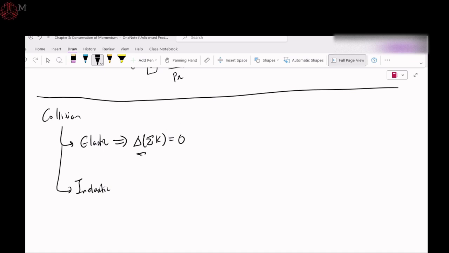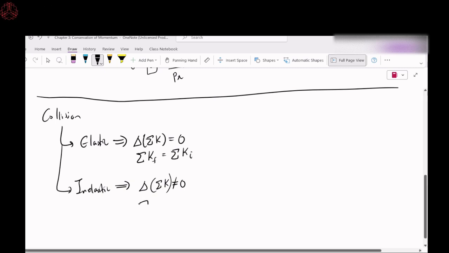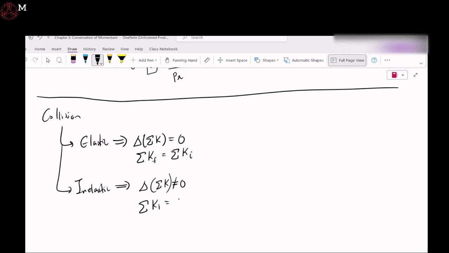If you add up all of the kinetic energy before, it will be equal to all of the kinetic energy summed up after. For inelastic, we have the opposite case. We do not have conservation of kinetic energy. In other words, when you add up all of the initial kinetic energies of the bodies and all of the kinetic energies after the collision, they will not have the same value.